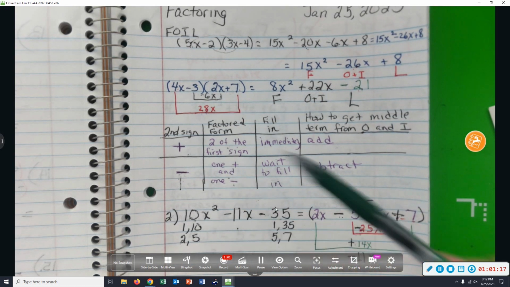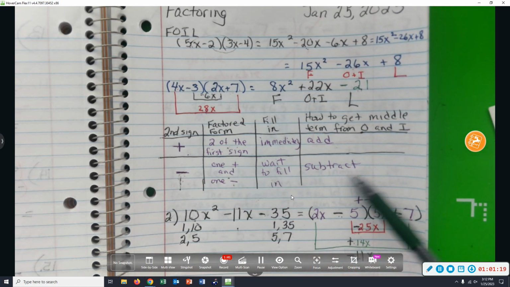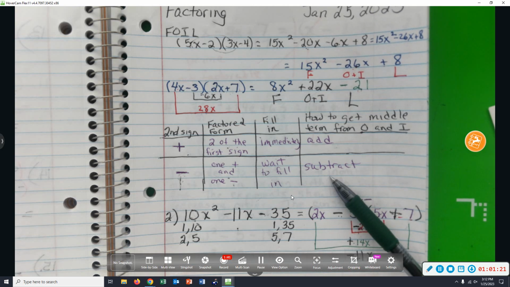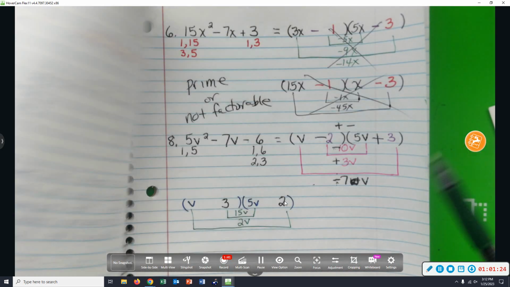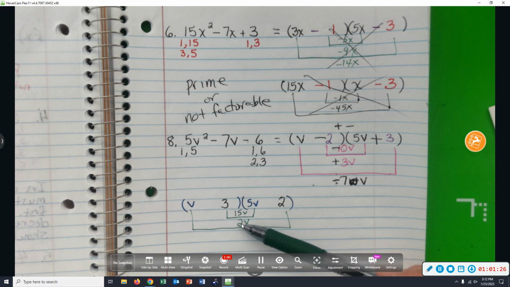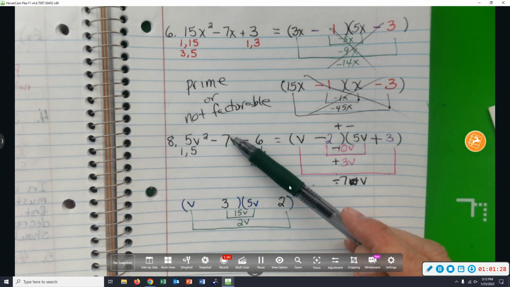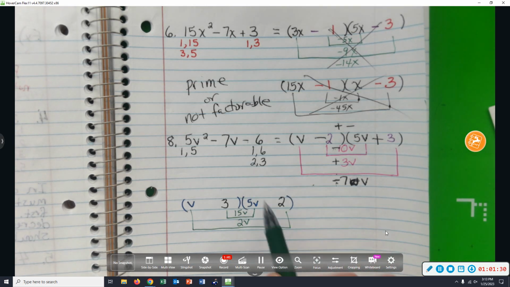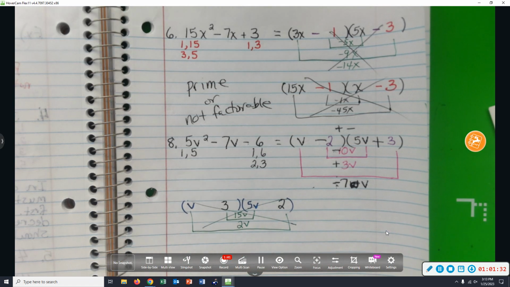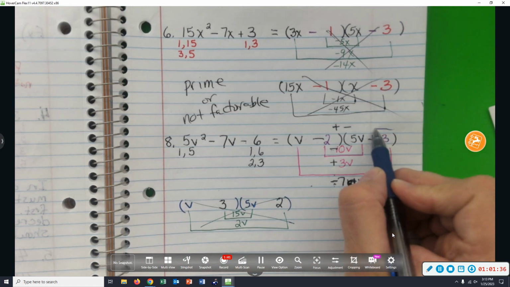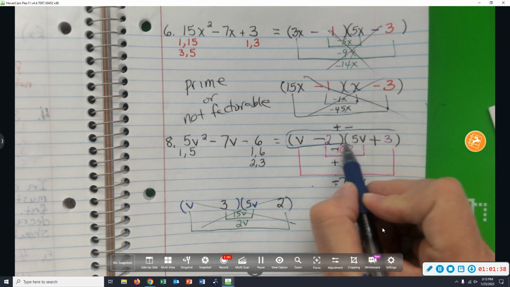But if that second sign is minus, you're subtracting the outer and inner in order to get that middle term. If I subtract these 15 and 2, I'm not going to get a 7. Okay? So, the one that actually works is the V minus 2 times 5V plus 3.